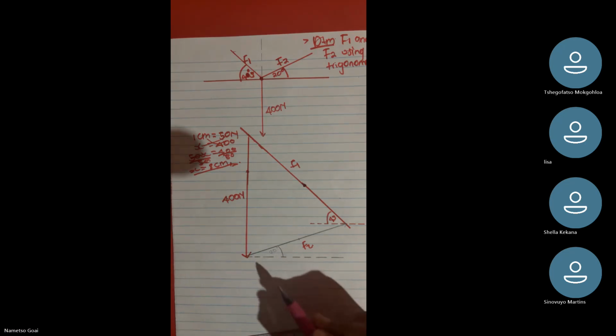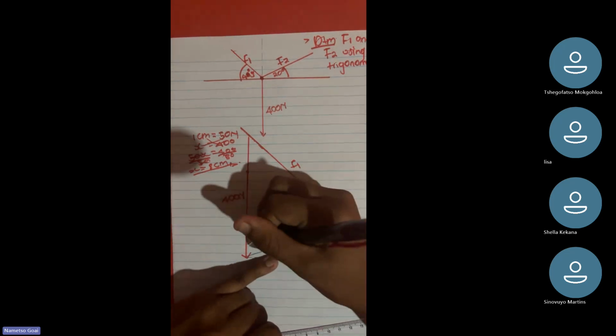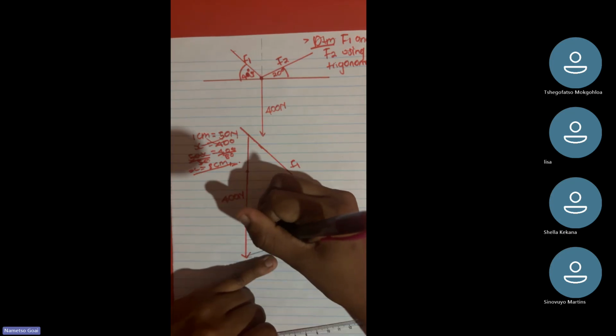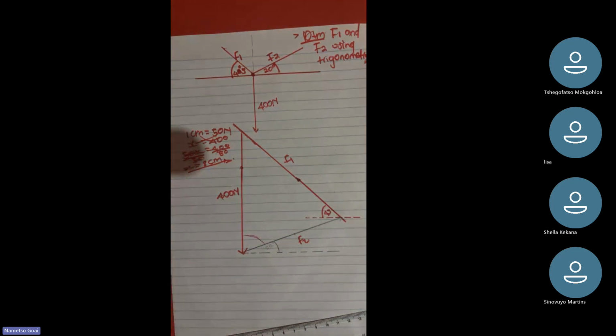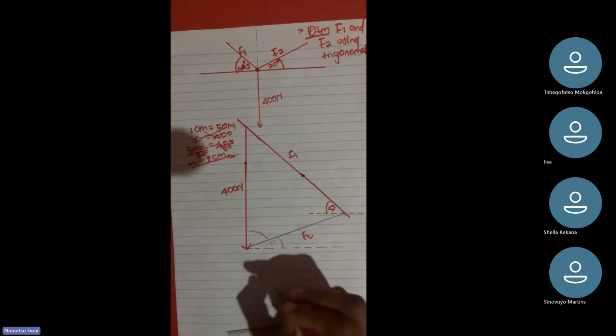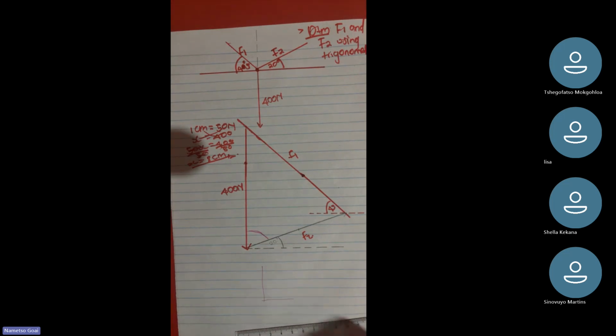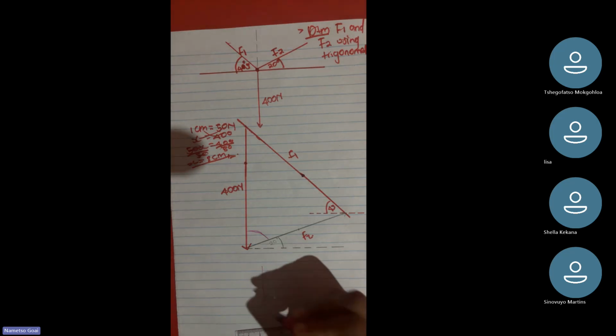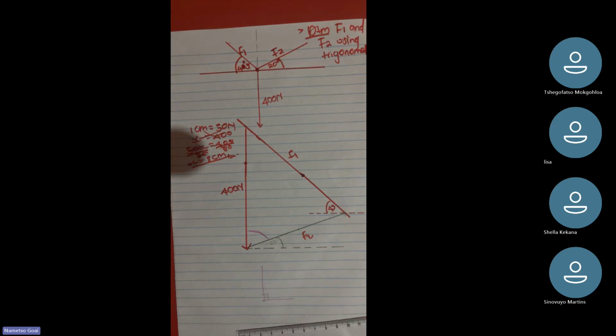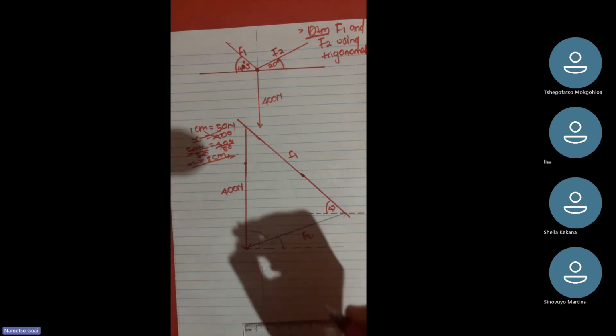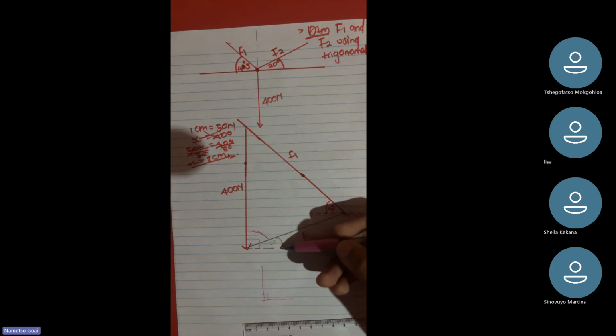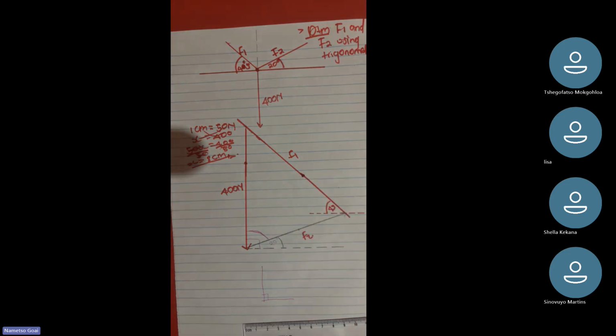As much as this is 20, I want you to know that it's an outside angle, which means this angle inside would be 70. Because 70 plus 20 is 90, and remember, angles on a triangle add up to 90 degrees. This whole angle has to give you 90 degrees. Because outside we have 20, inside we have 70.